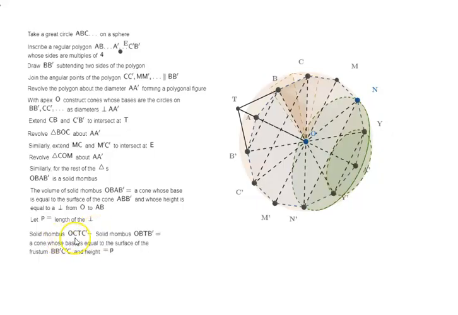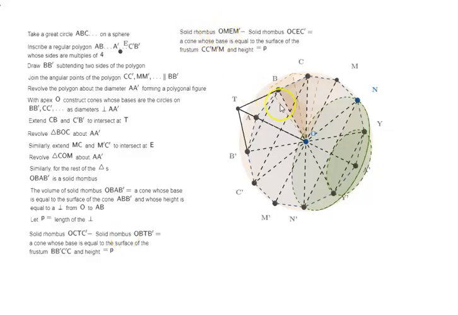Now, solid rhombus OCTC prime minus the solid rhombus OBTB prime is equal to a cone whose base is equal to the surface of the frustum B prime C and height equal to P. See, these things we have already seen in previous propositions.